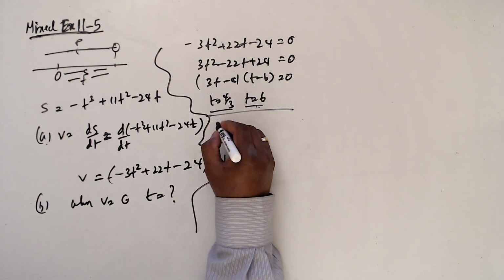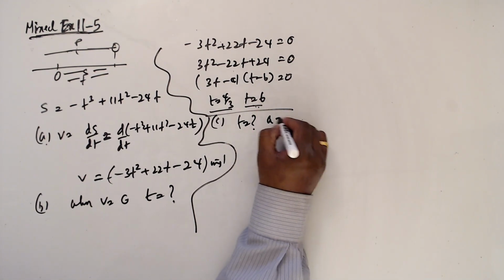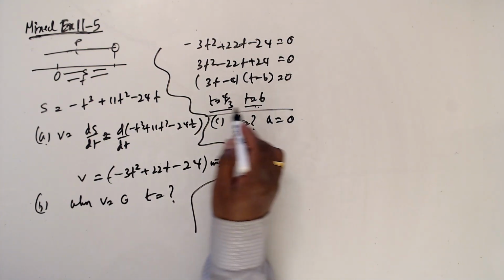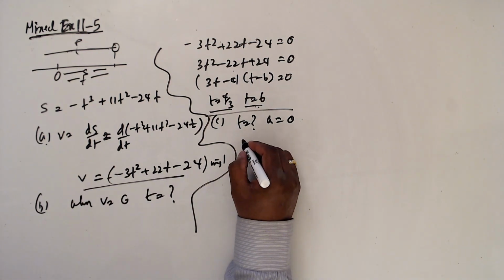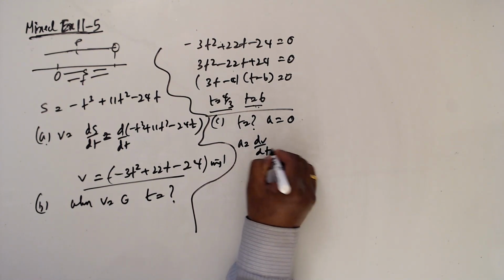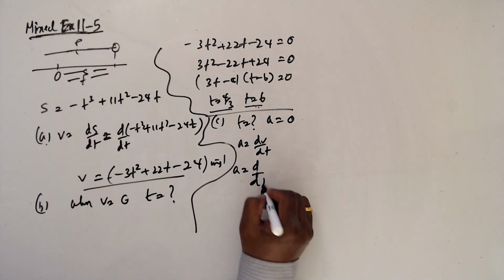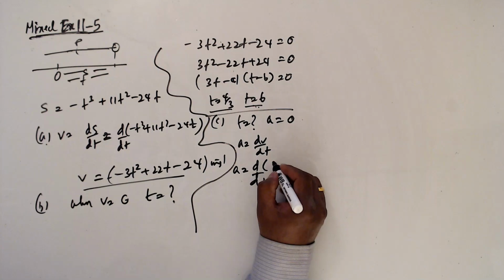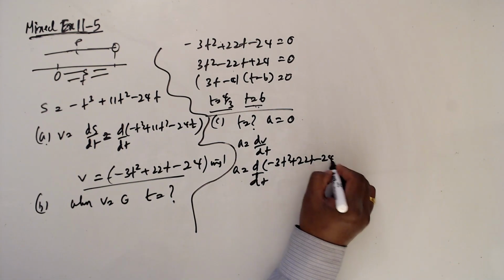Our next question is part C. We want to find the t when a equals 0, the acceleration. From here we want to take the acceleration equation. Acceleration is dv over dt. So a equals d over dt, so I have to differentiate this one, minus 3t square plus 22t minus 24.